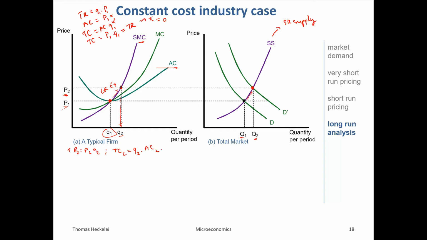And where's AC2? Now it's here, right? Because the AC curve is now below the short-run marginal cost, so it will be smaller than TR2. Consequently, profit will be positive. Where's the profit then? So this is the profit.